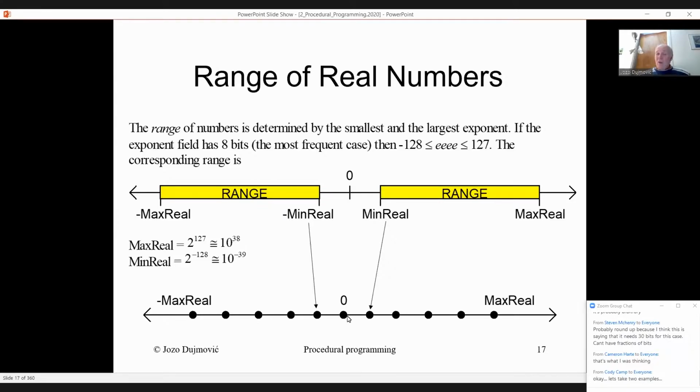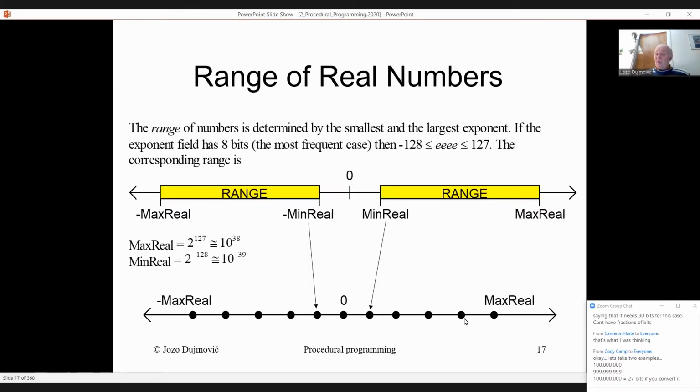Practically in each gap, you have an infinite number of values that you cannot represent. So you have 0, and then the next point is the smallest real value, which is 10 to minus 39. There is nothing between these two values. You cannot have any number between 0 and 10 to minus 39. You can have either 0 or 10 to minus 39 and nothing else in the case of the 32-bit format.